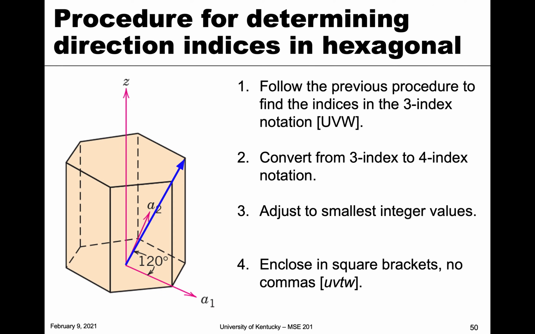So if you're going to use these procedure steps, don't deviate from them. And so here they are. So number 1, we're going to follow the same procedure we did to find the indices in 3 index notation, right? So A1, A2, and Z. So we're going to treat it just like we did before.